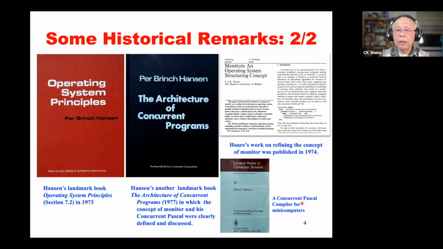This is Hartman's PhD thesis, a concurrent Pascal compiler for minicomputers. And in 1977, Hansen's another landmark book, The Architecture of Concurrent Programs, appeared, in which the concept of monitor and its concurrent Pascal were clearly defined and discussed. Our library should have these books available if you are interested.